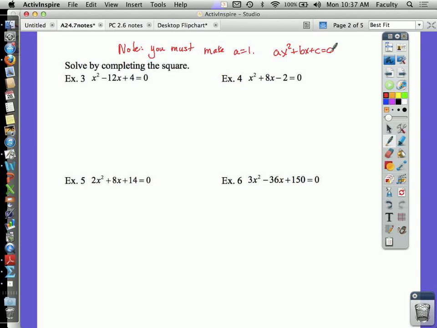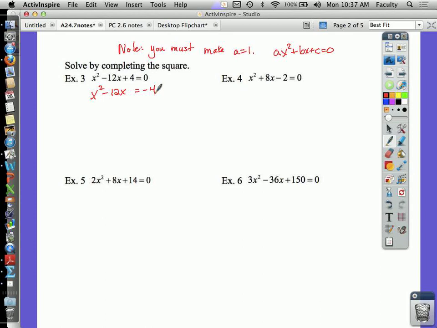A has to be 1 in order for you to complete the square, otherwise it doesn't work, okay? So here we go. When you want to complete the square, you need to get the x squared and the x alone, so you subtract the 4, and then we complete the square so that it's a perfect square trinomial.